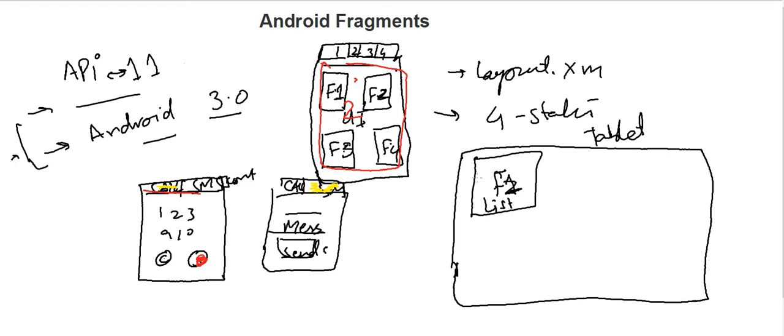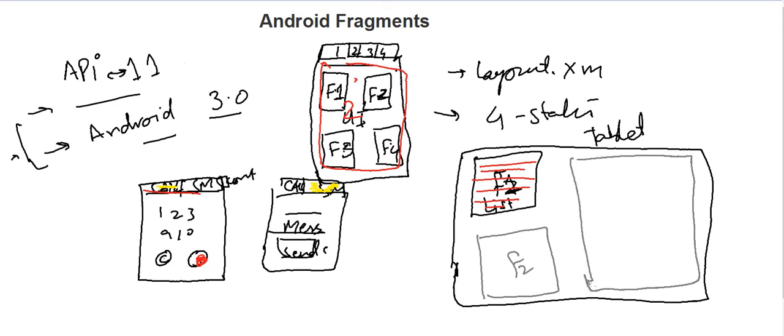Then you have a second fragment F2, and then a third fragment F3. Say F3 is showing some description, just some text.